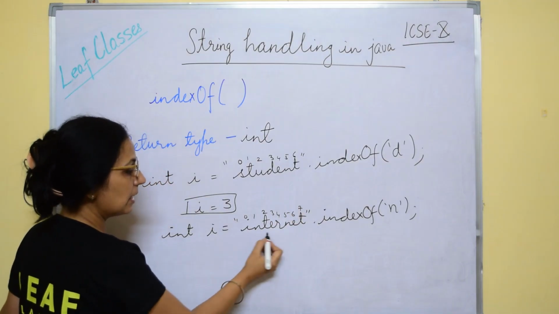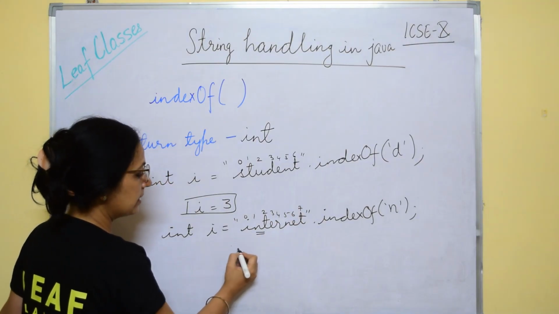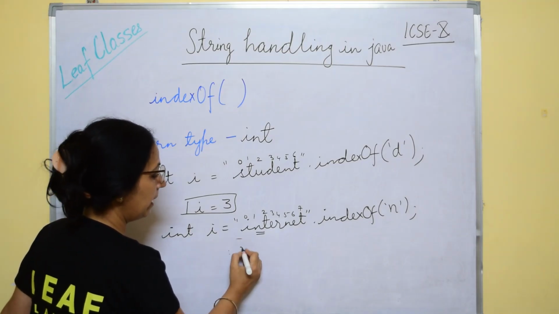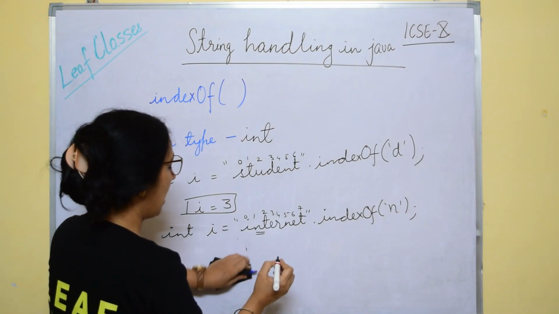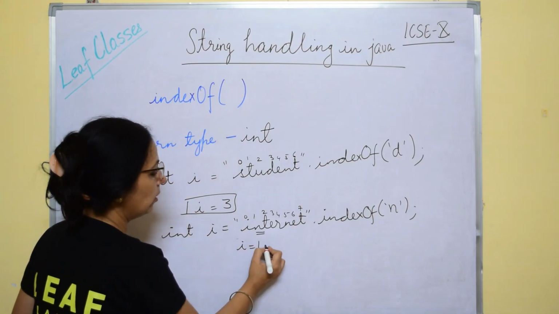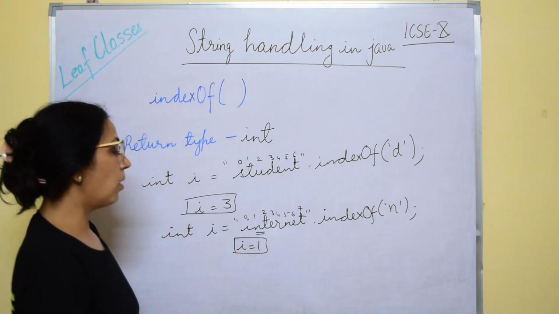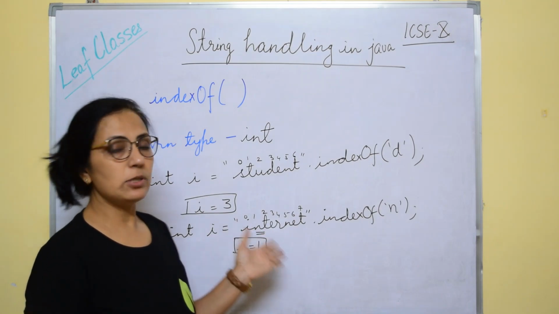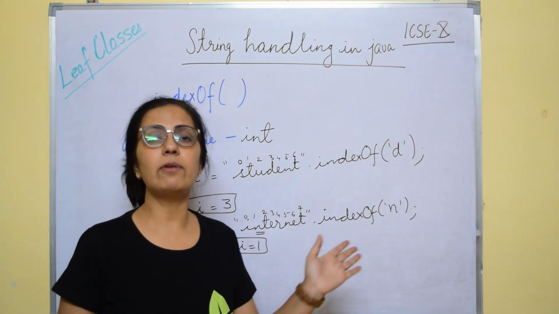When we execute, it will give me the answer as 1, and the value of i will be 1. But we want the second occurrence of n, that means after index number 3 where it is.